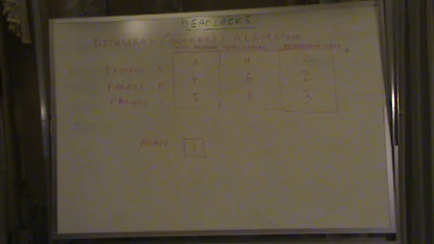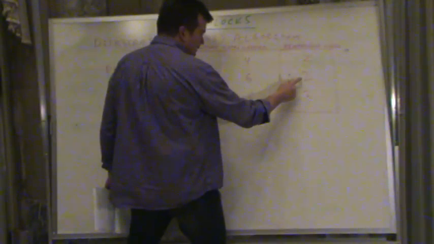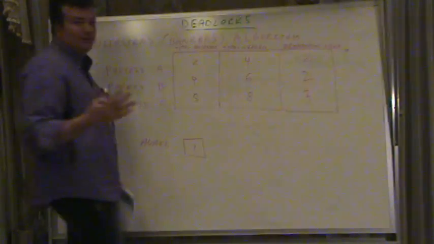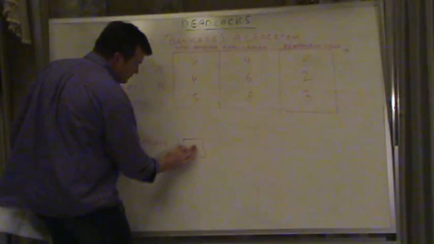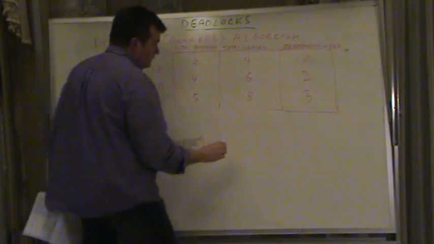Now, can we be guaranteed that one of these 3 will finish and give all its resources back? At this point, we're in trouble, because the very next thing that A might do is ask for 2 more, and then B might ask for 2 more, and C might ask for 3 more, and then we're stuck. So this would be a bad situation to be in, but let's go back to the way we were. We have 2 to give out.